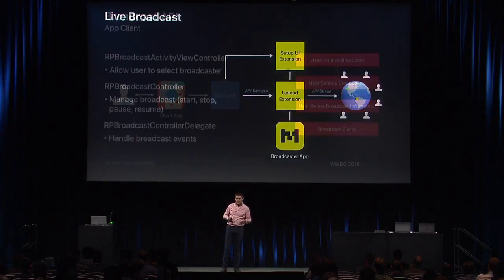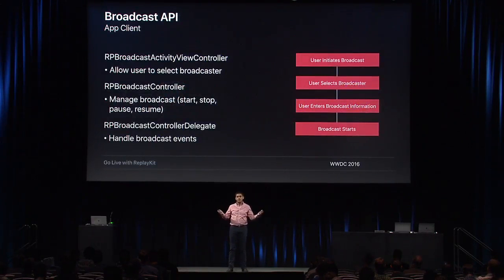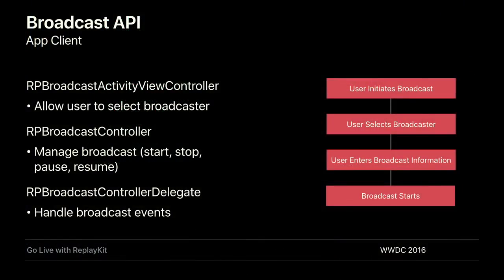So starting with the client side and what the client application wants to do. For that, we have a fairly simple API that is really wrapped up in three classes. There's broadcast activity view controller, and this class is used to initiate a broadcast, and it presents this built-in UI where you select the broadcast service.